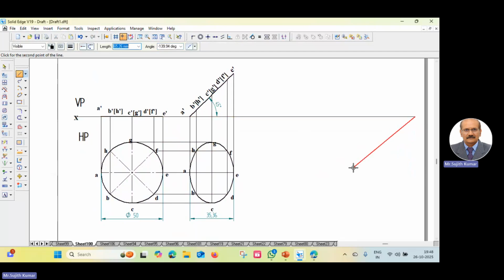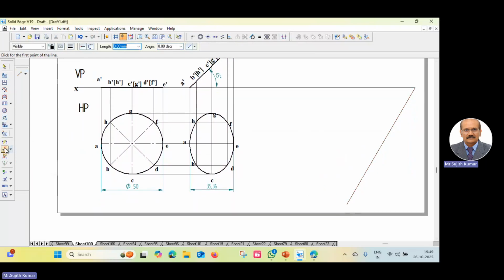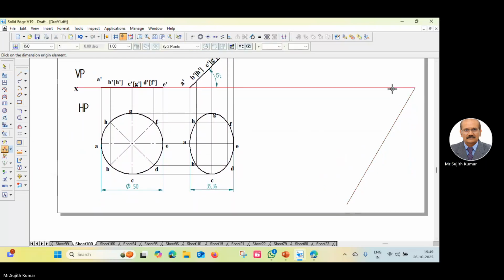I type minus 120, this side. Now measure this angle. This will be 60 degrees. Let me keep it nearer, it's very far up.